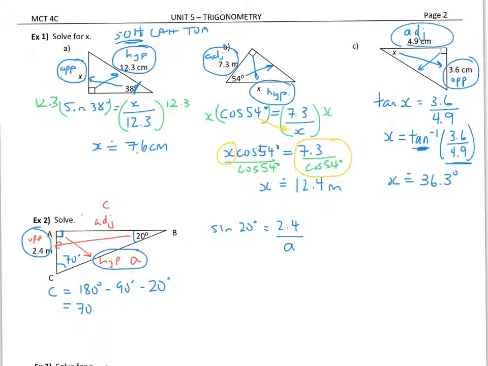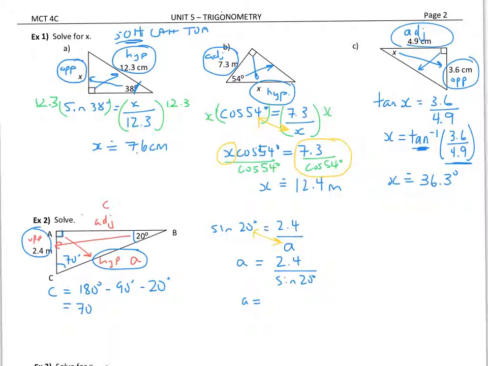Really, the x and the 54 are switching position. So if you want to use that as a shortcut, your a and your sine of 20 degrees are going to end up switching positions, and a is going to equal 2.4 divided by the sine of 20 degrees.